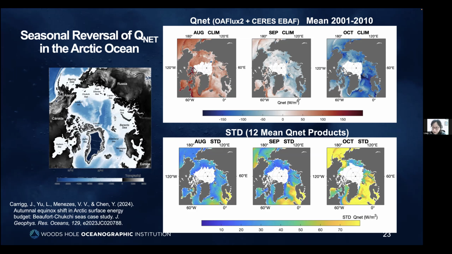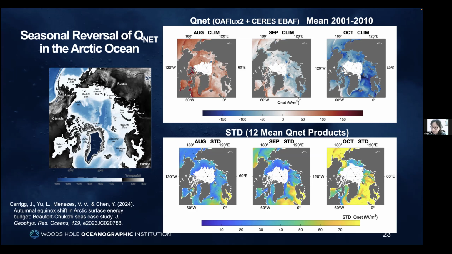But if you compare QNet products in the Arctic Ocean, for the 12 products, mostly from analysis, you can see the variations between the products are quite large. In August, the mean is quite weak, and the variations are around 10 or less, except in the Norwegian Sea area.